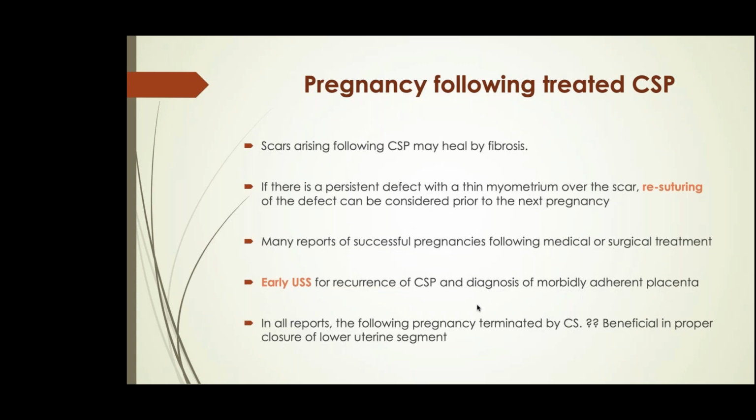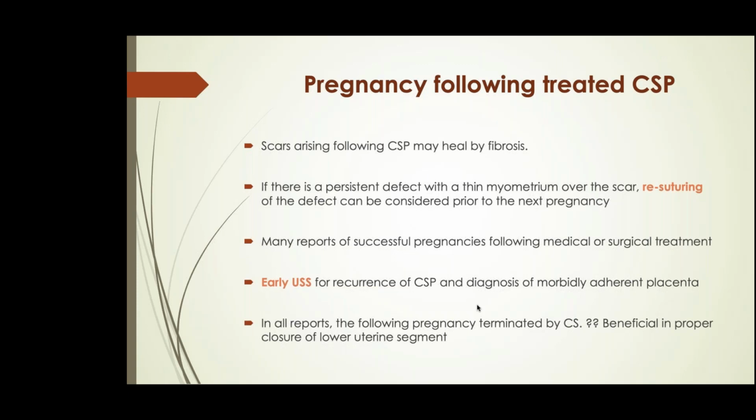Many reports of successful pregnancies following medical or surgical treatment have been published. Early ultrasound scan, of course, is very important. If a patient has had a scar pregnancy before, do an early scan for her to diagnose it as early as possible if it is going to be recurrent.